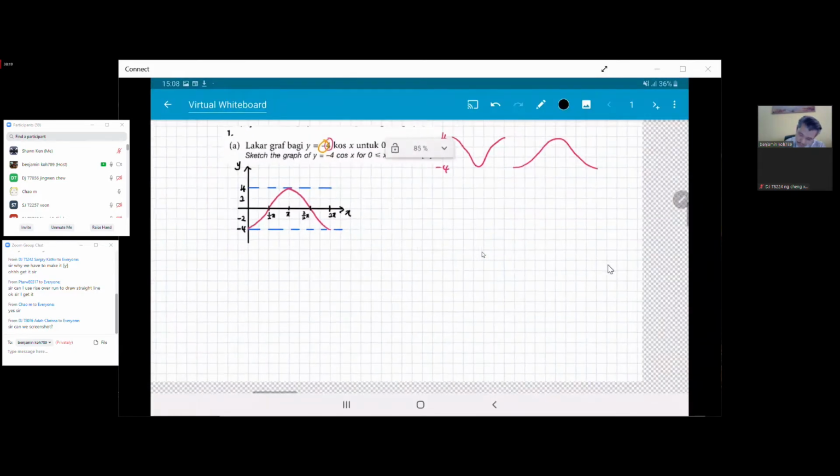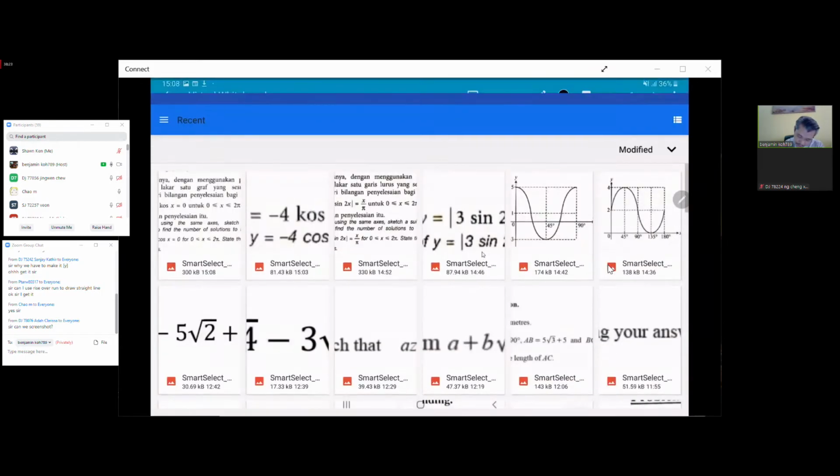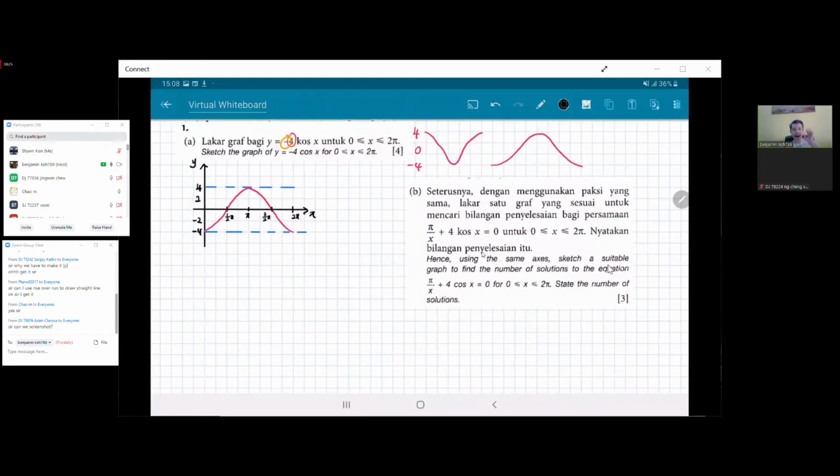When I compare part A dengan part B, as I said, there must be something yang sama. What I should notice is, in the part A, we have negative 4 cos X. In the part B, persamaan yang dia bagi ialah 4 cos X. Almost the same, right? Only difference ialah the part A is negative, the part B is positive.